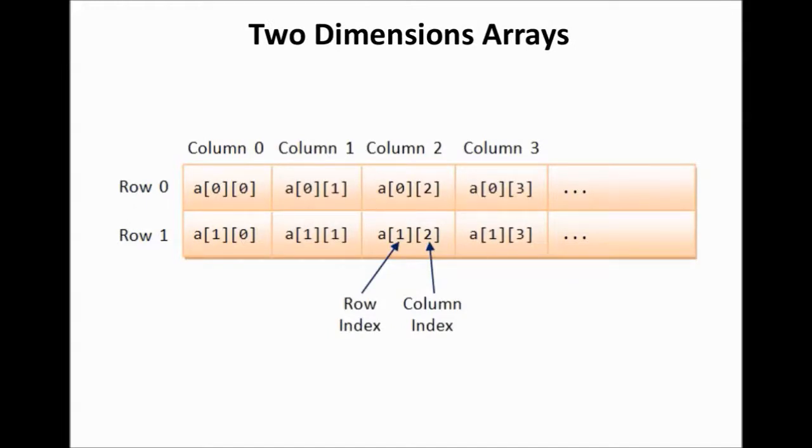Accessing the individual elements of a 2D array: the array name and the indexes of row and column are used to access an individual element of a 2D array.